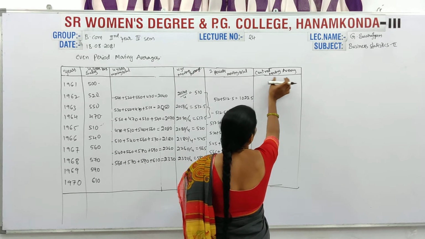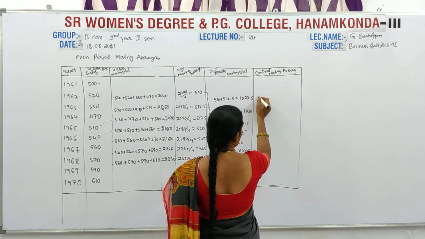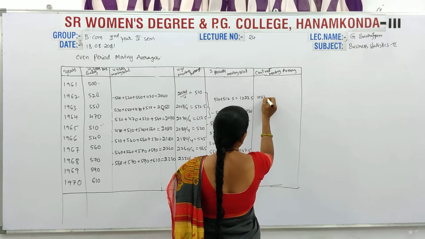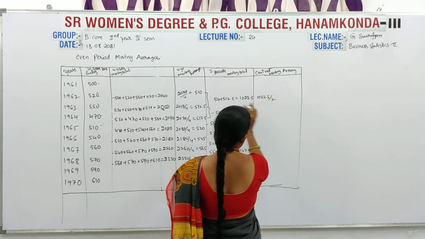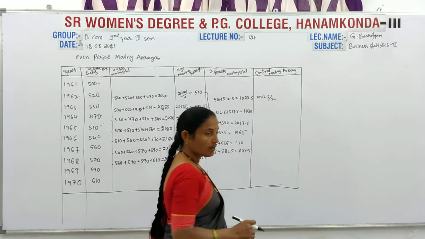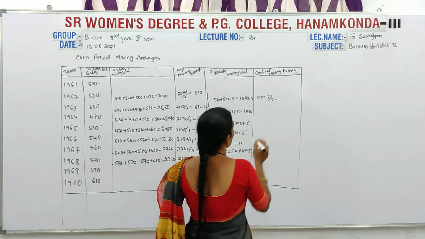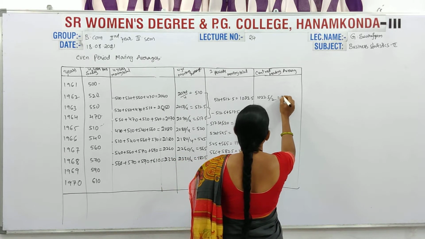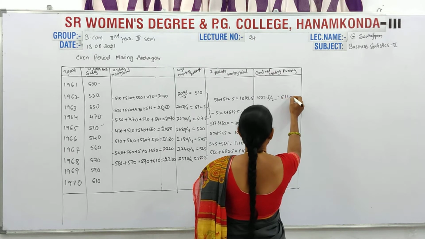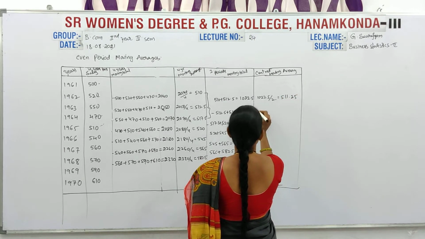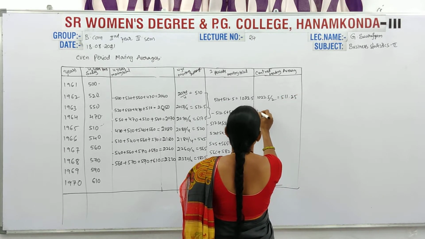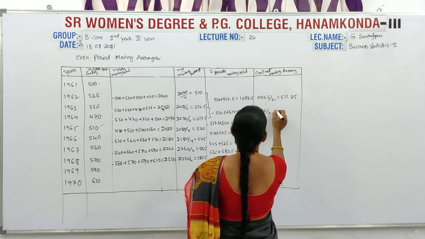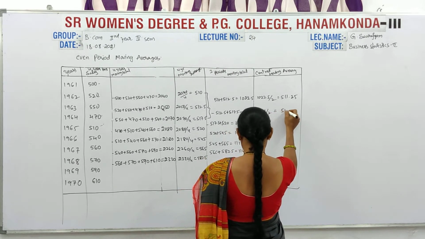So for the centered moving average, 1022.5 divided by 2. Since we took 2 amounts for the average, we divide by 2, which gives 511.25. Then 1030 divided by 2 is 515.